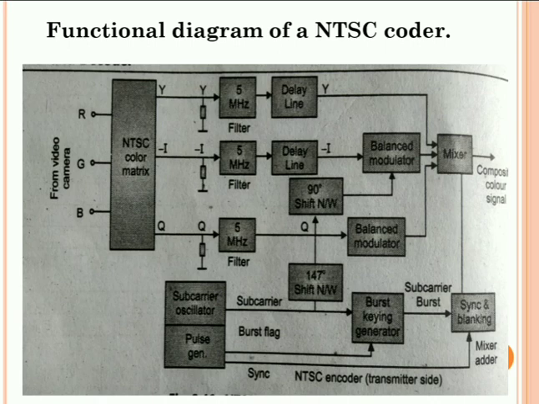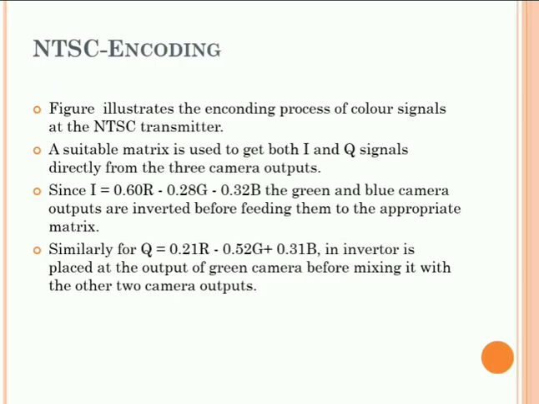Now we will see in detail this NTSC encoder or coder. This figure illustrates the encoding process of color signals at the NTSC transmitter. The NTSC coder is nothing but the NTSC transmitter, because whatever signal we are transmitting from that place is nothing but the NTSC coder. A suitable matrix is used to get both I and Q signals directly from the three camera outputs. As we have seen before, R, G and B are the three camera outputs.